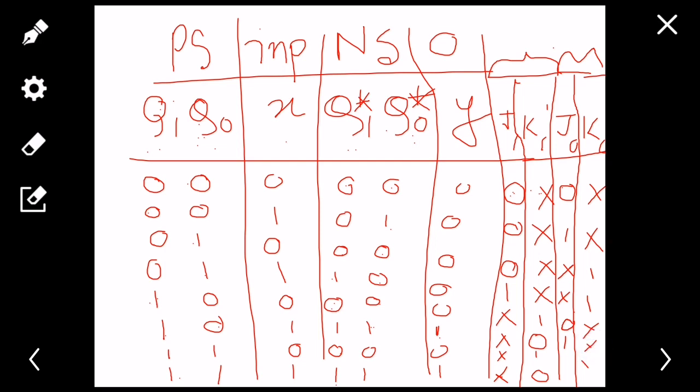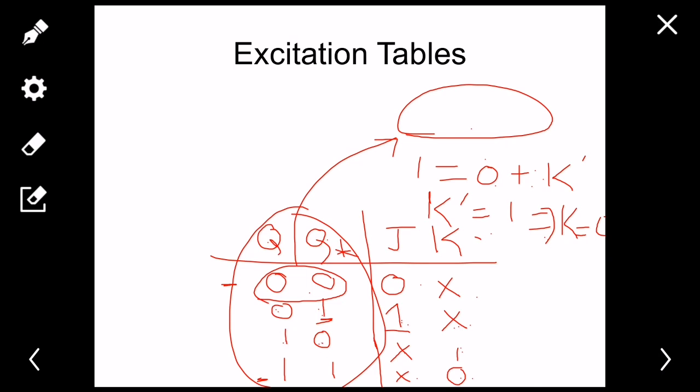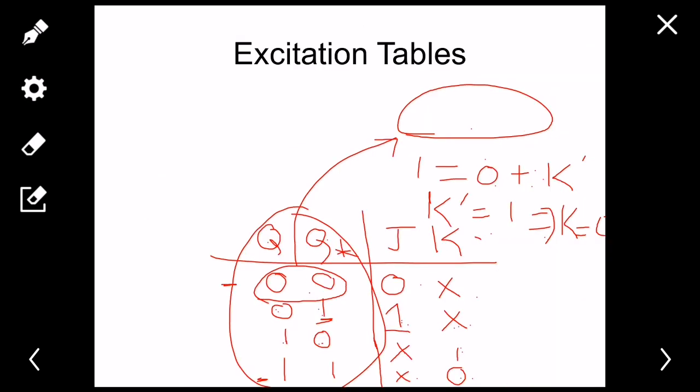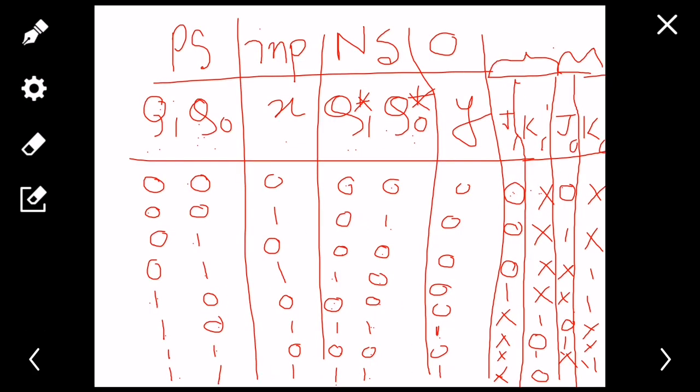Then 1 0 again gives don't care 1. 1 1 will give you don't care 0. So that's that.